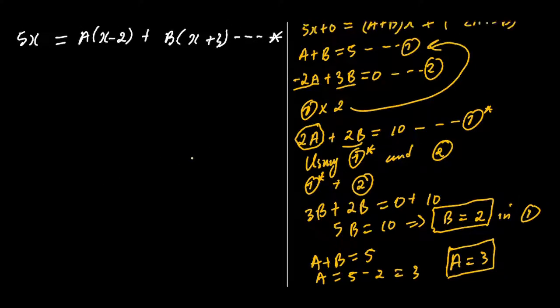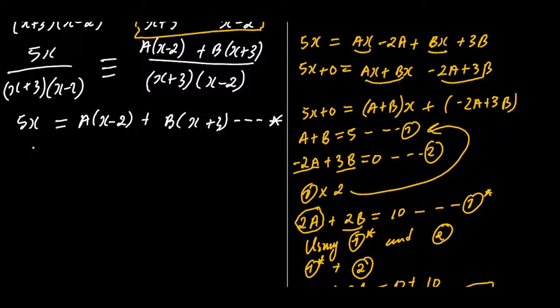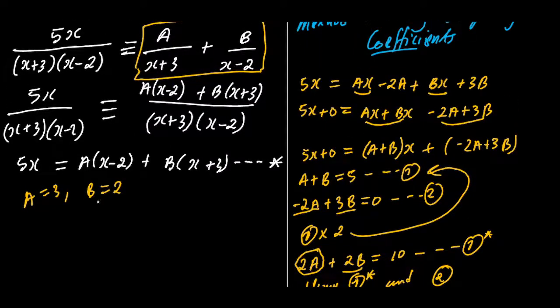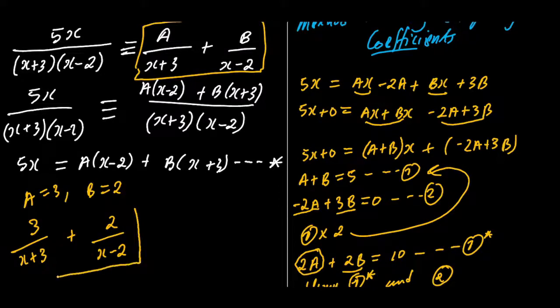Good. Having a to be 3 and b to be 2, if we substitute it in our original fraction, we're going to have 3 divided by x plus 3, plus 2 divided by x minus 2, giving us the original partial fraction that we had before.